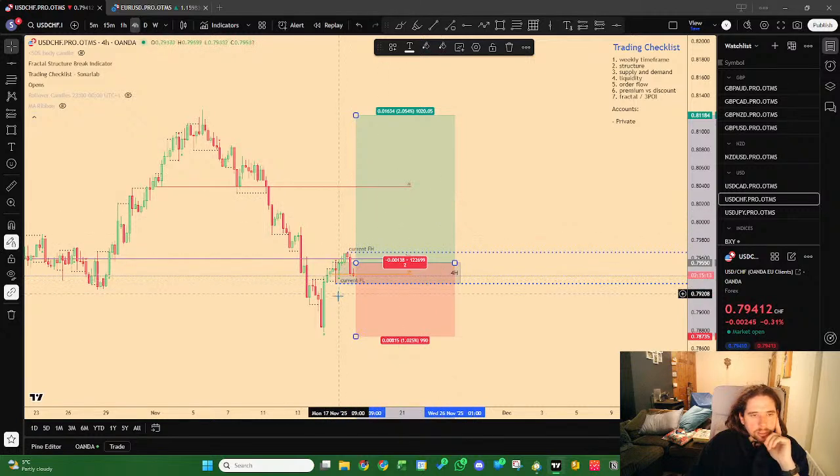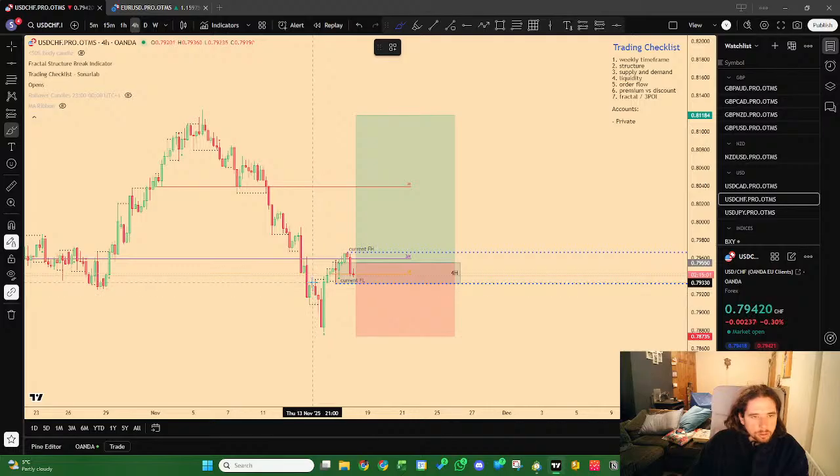Come back into that nice V-shaped reversal. We tag into that. We might tag into it again. Got this whole area. Let's try again. So we've tagged into it before.